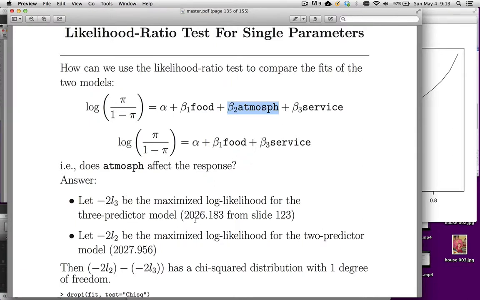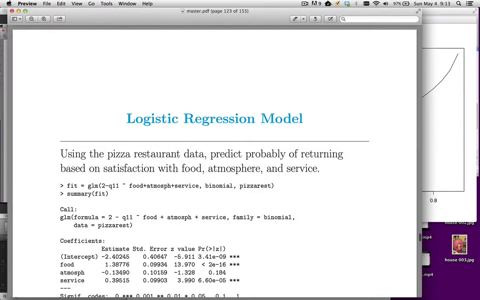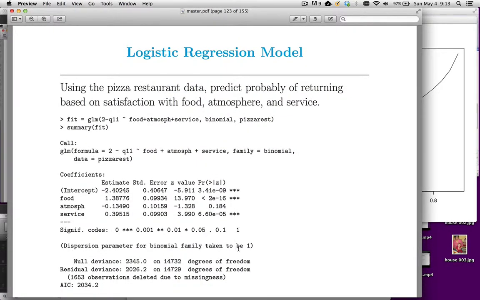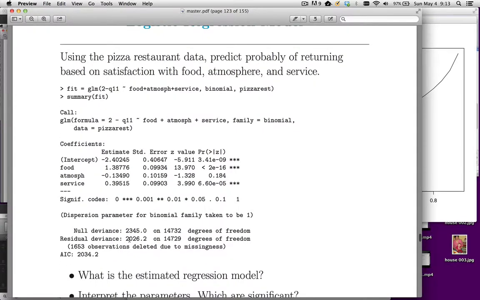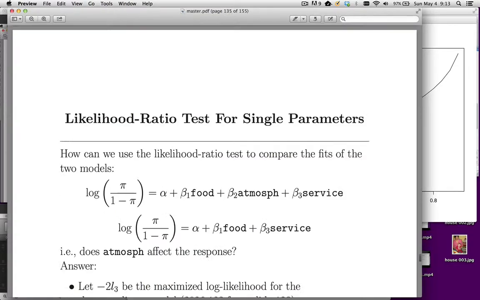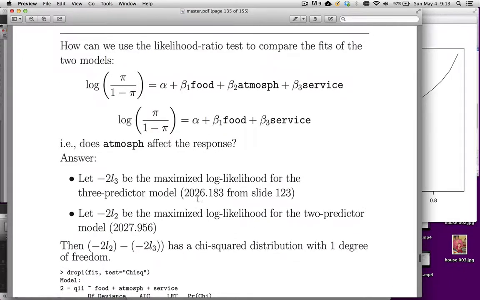The deviance for the full model was back on page 123. Let's confirm that. Here was that pizza restaurant problem. The residual deviance is 2026.2, and that's where that number is coming from.